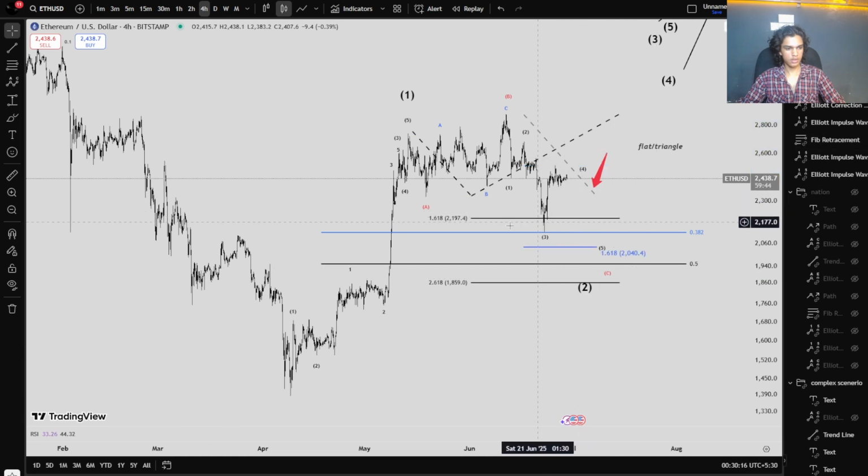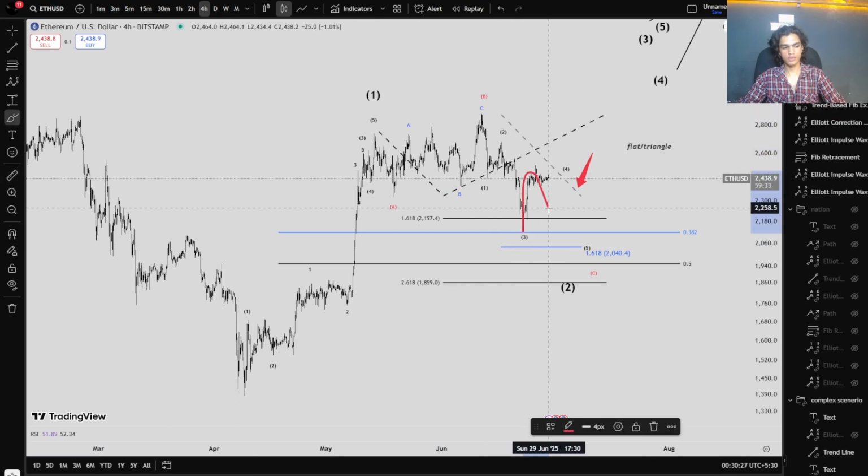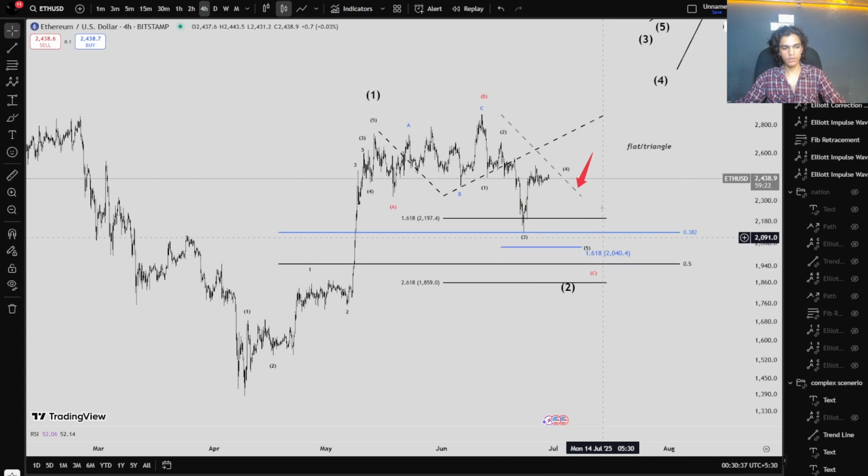Already it has mitigated the 1.618 fib level here, so the minimum target is reached, and still we are struggling to make this fourth wave. So if the fourth wave is either a flat or a triangle, and the market falls, it could fall into this range. It's between 0.382 and 0.5, which is the 2040 level.